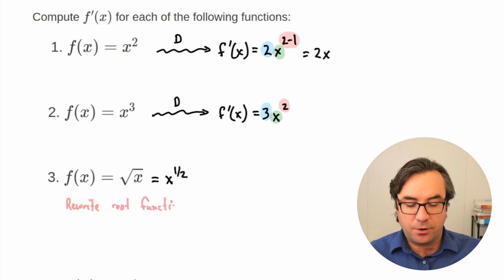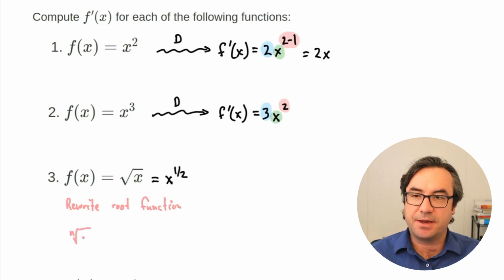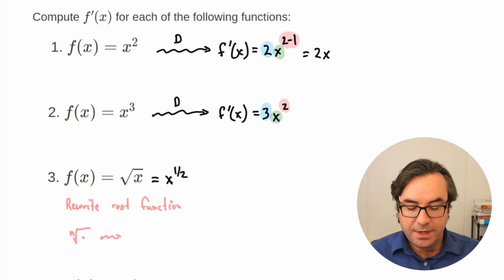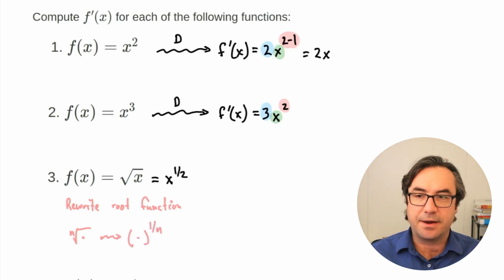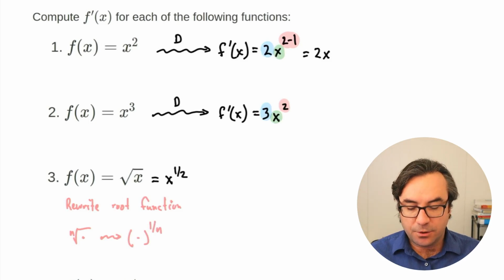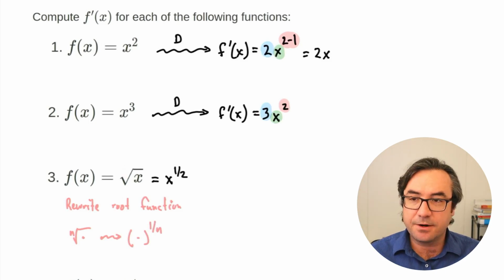So in general, if we have the nth root of something, we can rewrite that as raised to the power 1 over n. So if our little root sign had like a little 3 here, then we would put 1 over 3. The square root's kind of special. Technically, we could put a little 2 here, but we don't normally do that.